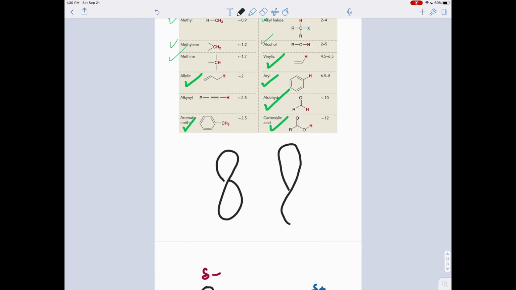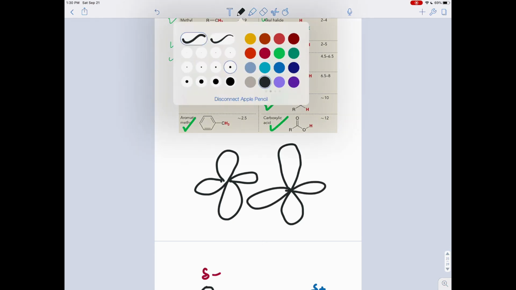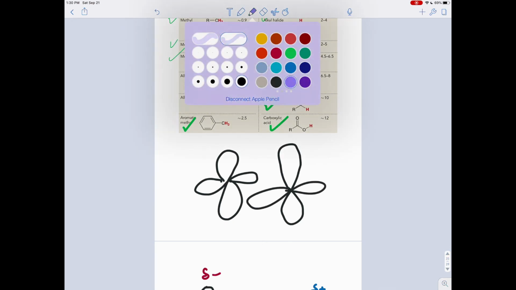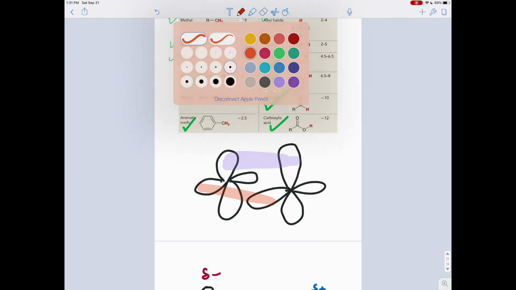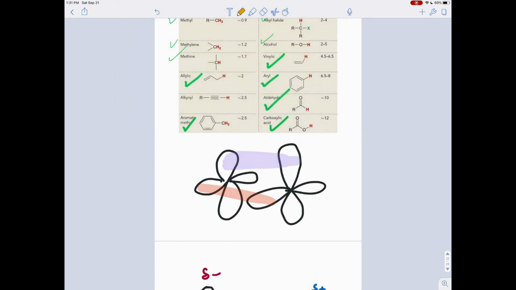And let me separate these, even though they would naturally overlap, just so we can visualize them a little better. And the other would be the px's. So you'd get overlap between the py's, and you'd get overlap between the px's. And those are your 2 pi bonds. And what these end up doing are creating a sort of, let me do this in a different color, they end up creating a sort of cylinder.